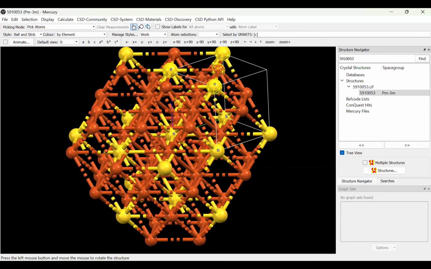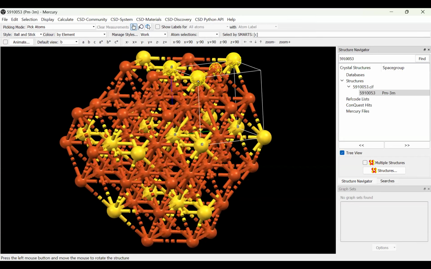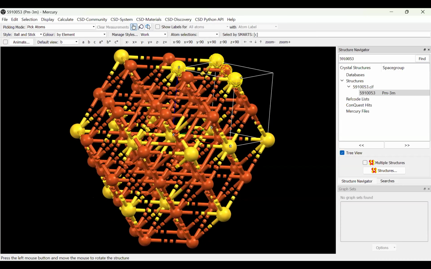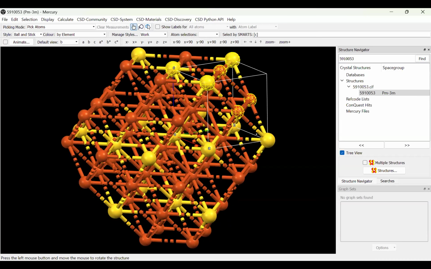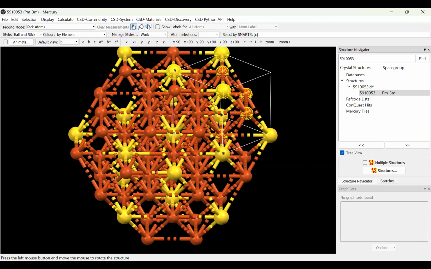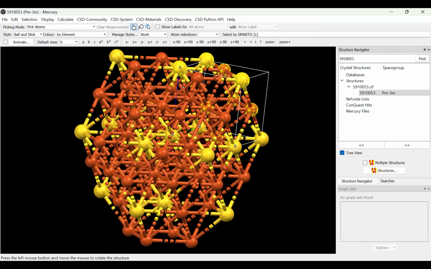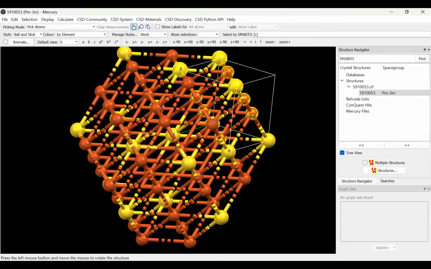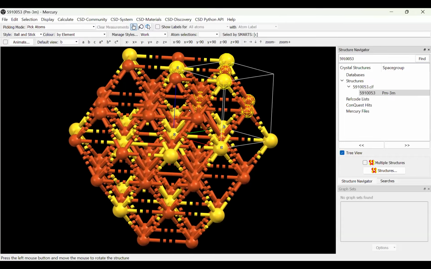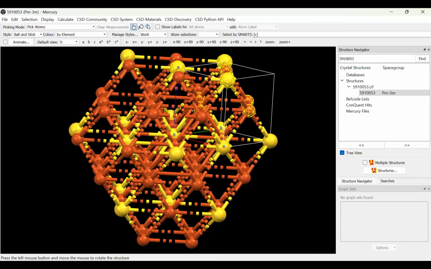If you just carefully see, this is the unit cell. On each and every face there is a copper atom. Oh, wait. This one is on the face. This one is on the face. Okay. Did I correctly get everything?